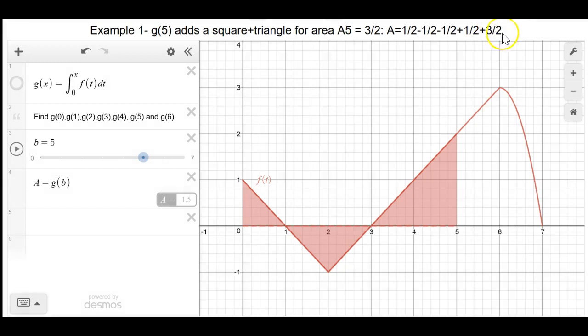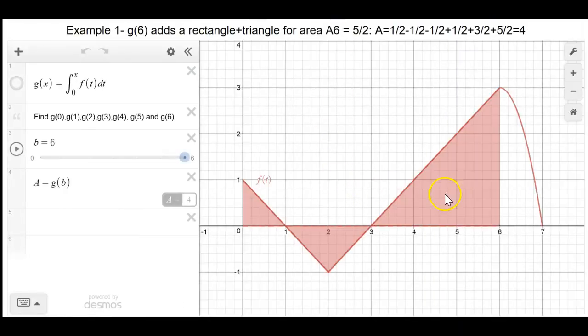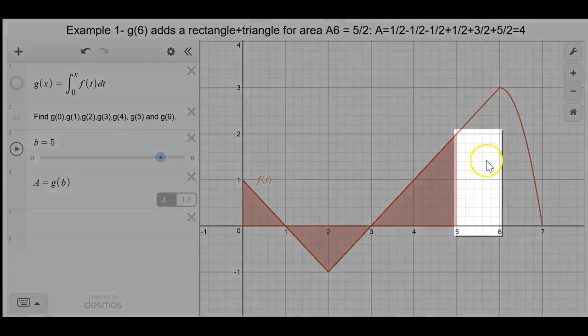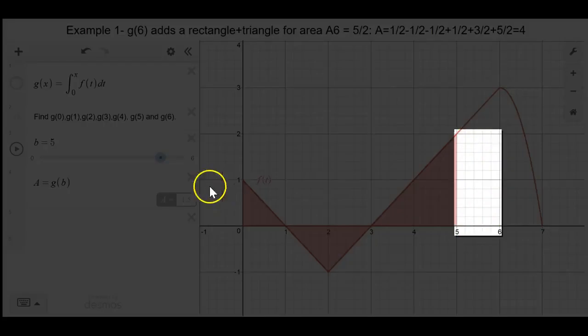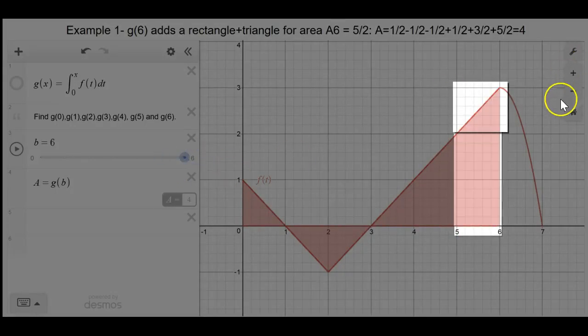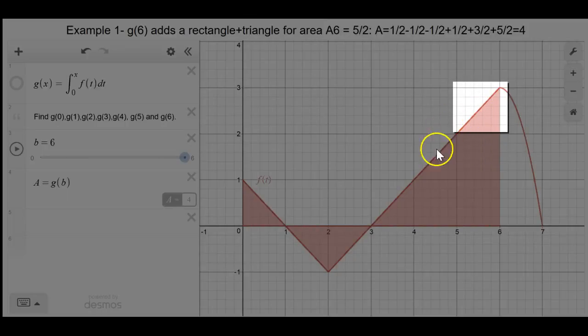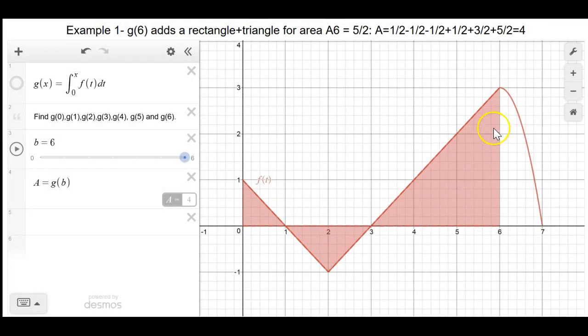So g of 5 is going to add 3/2 to the area. And finally, g of 6, I'm going to add 2 of these squares and a right triangle for an addition of 5/2. So my total area under f from 0 to 6 is 4.